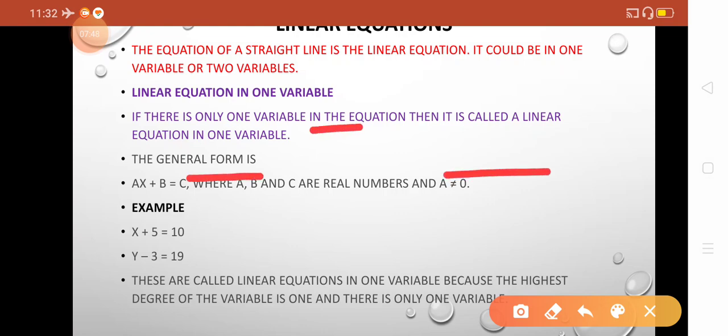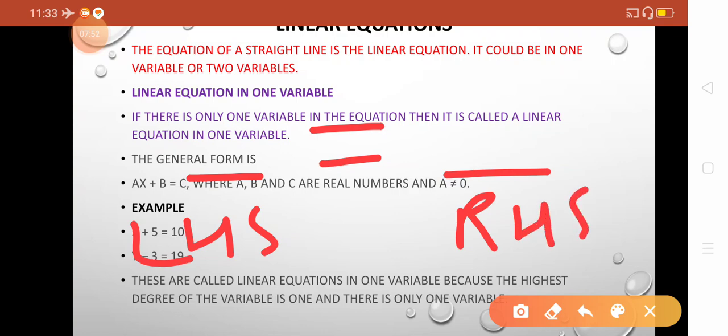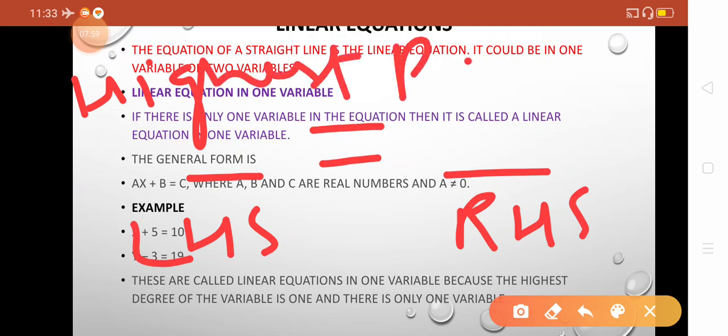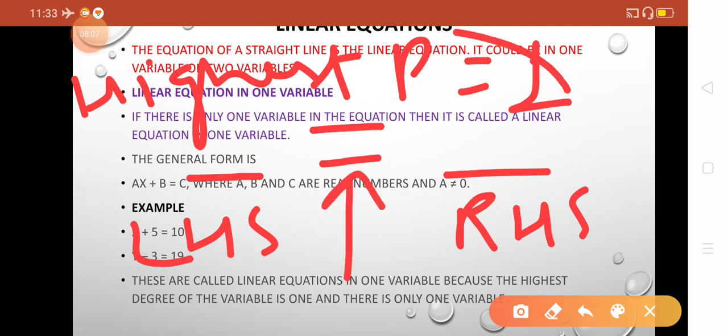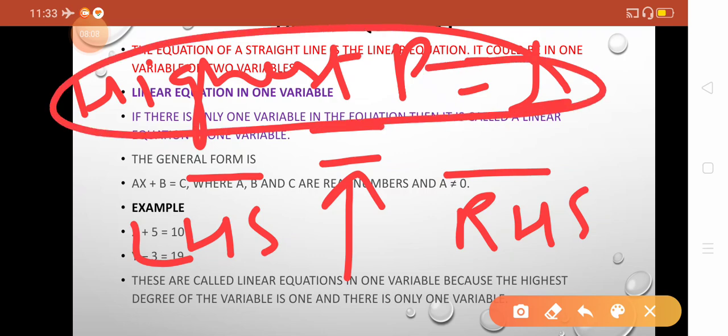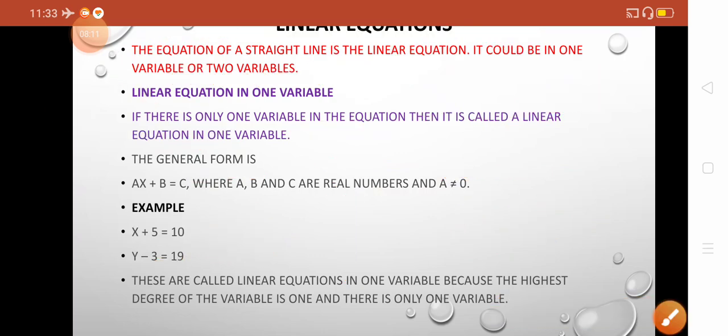On both sides of the equality sign, the left hand side and the right hand side, the highest power of the variable must be equal to 1. That is known as a linear equation.